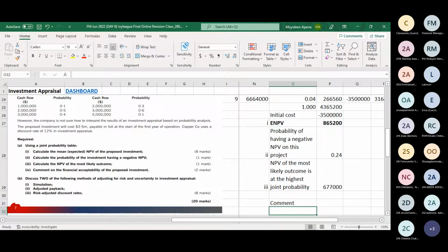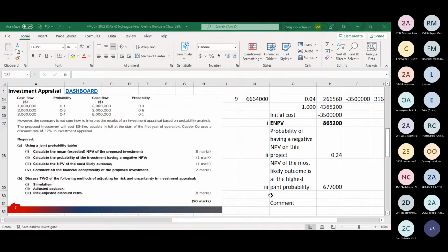Accept, because the NPV is positive. I think it should be accepted since the expected present value is positive. Okay, so it should be accepted. And there's a very low probability of it having a negative NPV. Interesting. So it should be accepted on that basis.